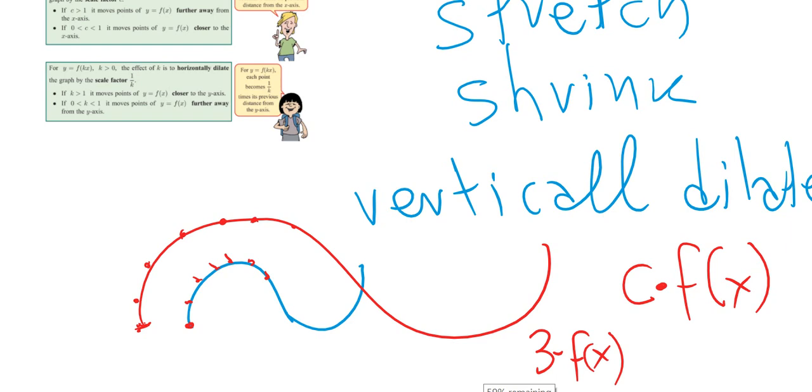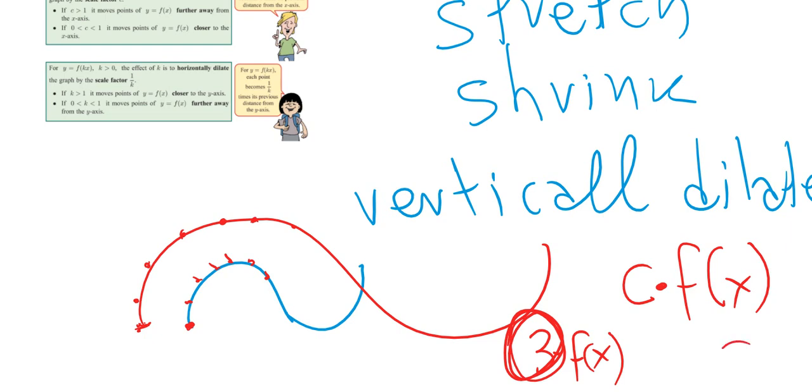That means that initial point is now 3 times the distance it had initially. So it's like ballooning it. When I balloon it, it goes further away. When I have the 3 in front of the function, it becomes bigger, like the balloon opens, further away from the x-axis.